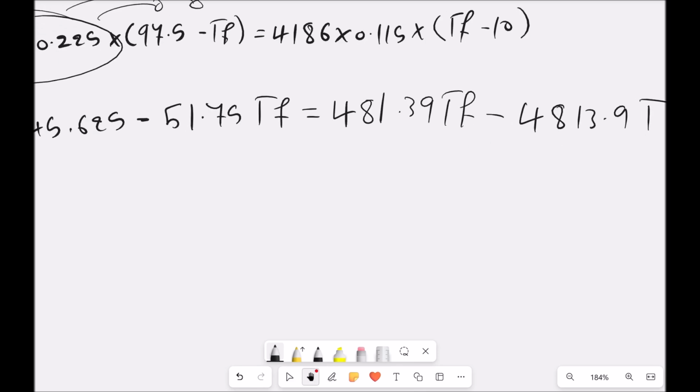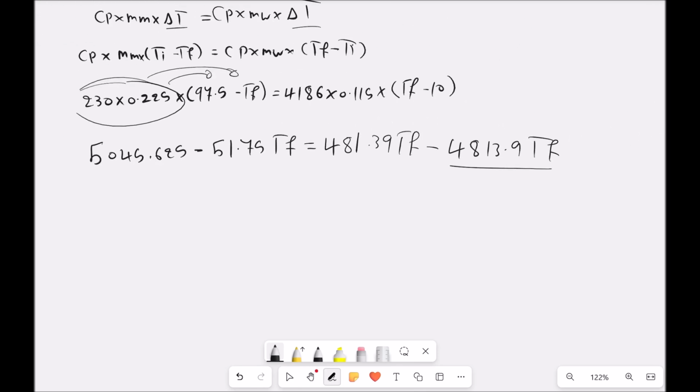Again, guys, these two should be on the same side. Why? Because you are trying to find the final temperature. So you can take this one here and take this one there, you're going to just swap the places, and that's it.